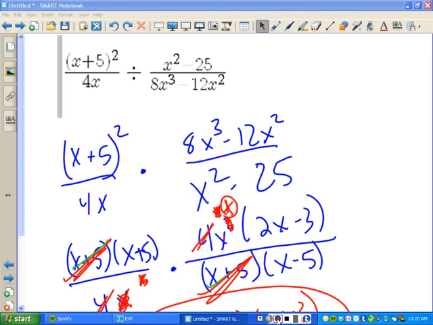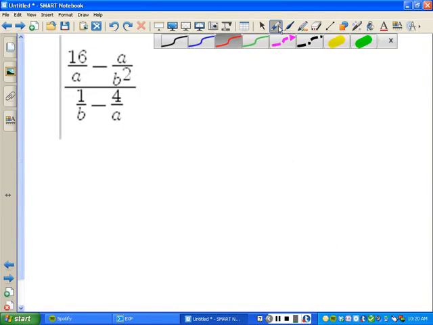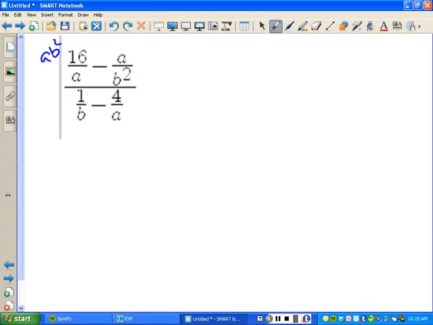We'll let Juana look. What's the common denominator between these four? AB squared. Do we agree? So we're going to multiply each piece by AB squared. AB squared here, AB squared here, AB squared here, AB squared here.